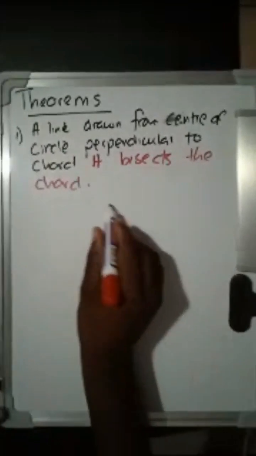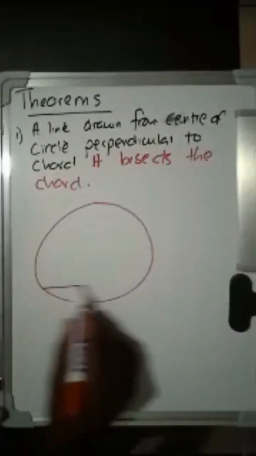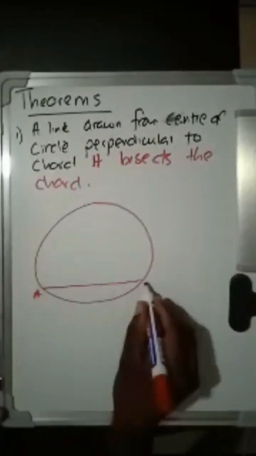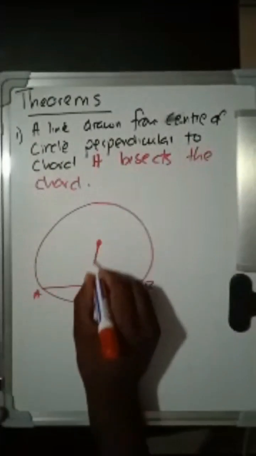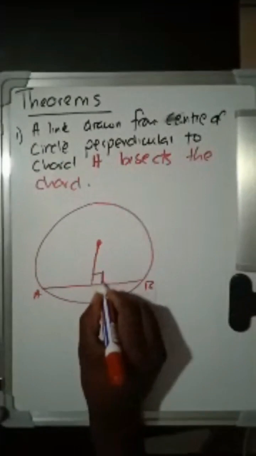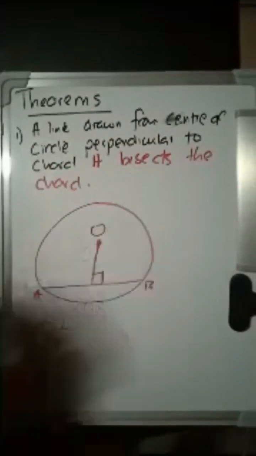Now I'm going to draw a circle to show you. I draw the circle there, then I draw a chord, which is called AB. Then we have a line that is drawn perpendicular to the chord. The center, usually we call it center O.